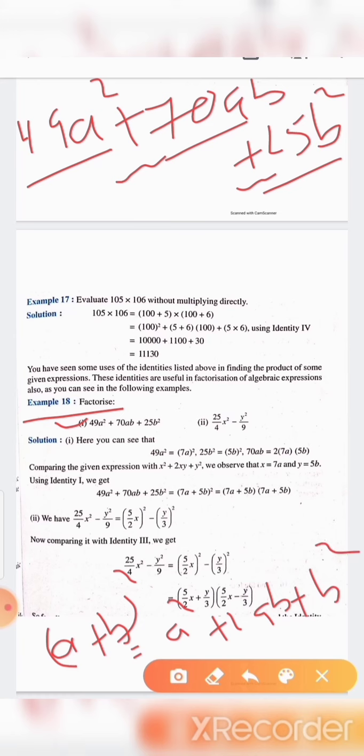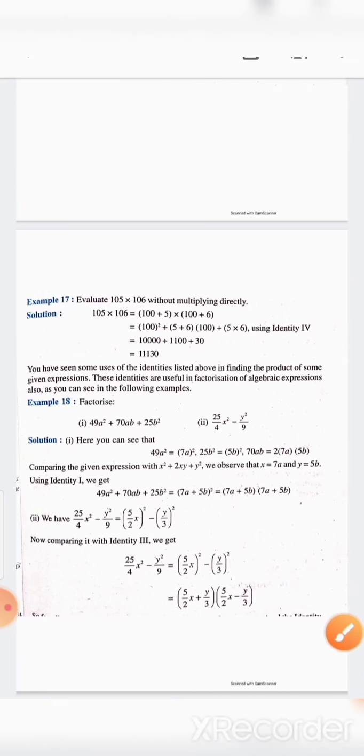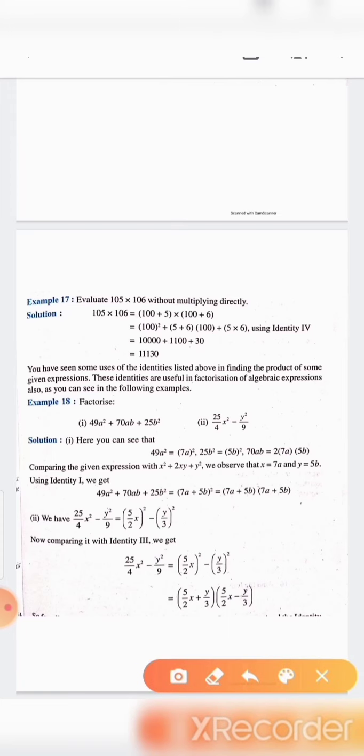So we first substitute all the values in the RHS whole square term of the identity. We write our polynomial 49a square as 49, which is the square of 7, so 7a whole square, plus 2.